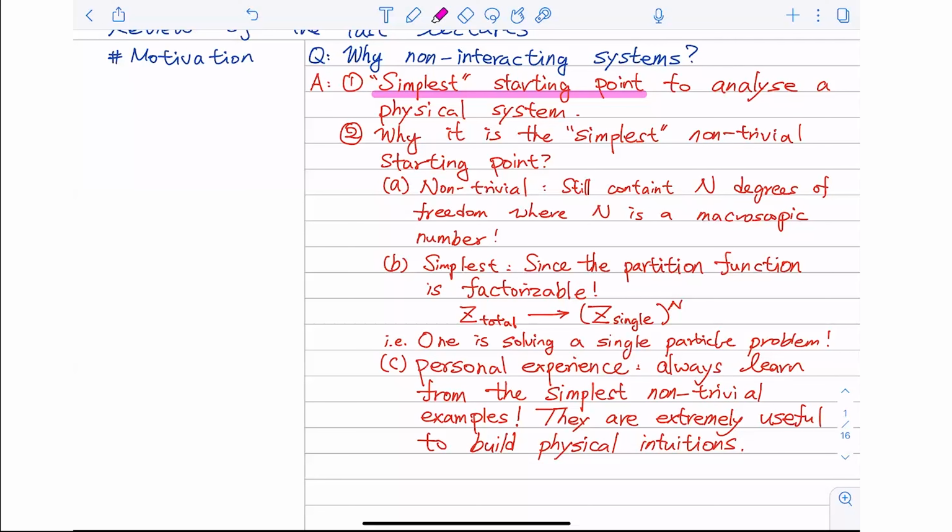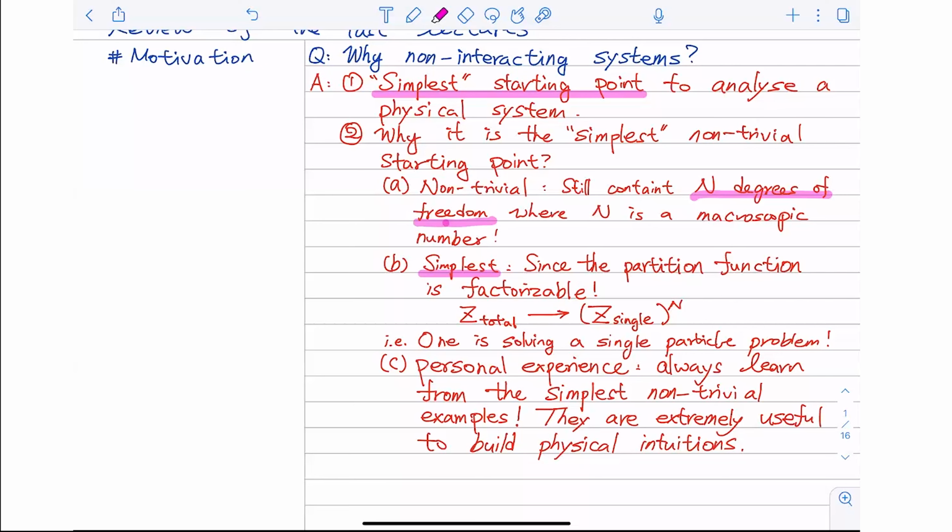Also, it is non-trivial. The reason it is non-trivial is because our analysis still contains N degrees of freedom, which means that we are still discussing a system with a macroscopic number of degrees of freedom. However, this is the simplest scenario because the system has no interaction. So that means the partition function is actually factorizable.